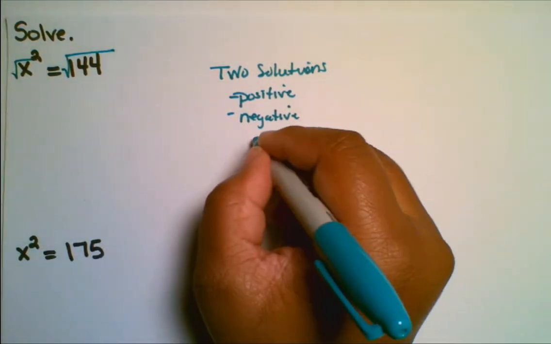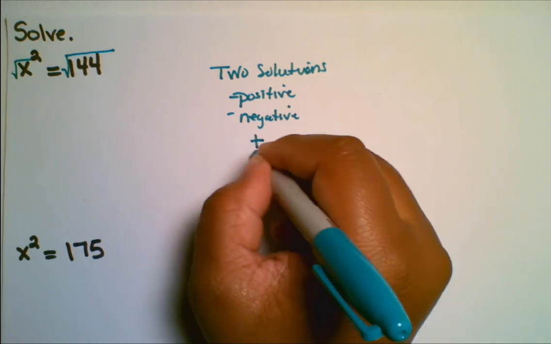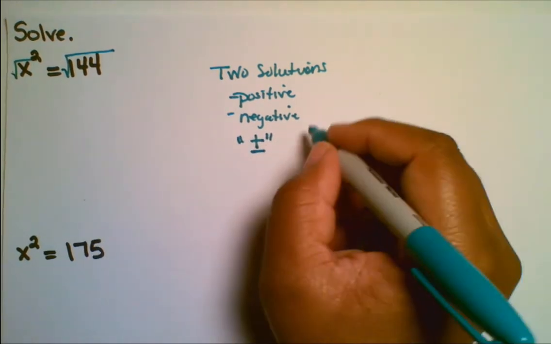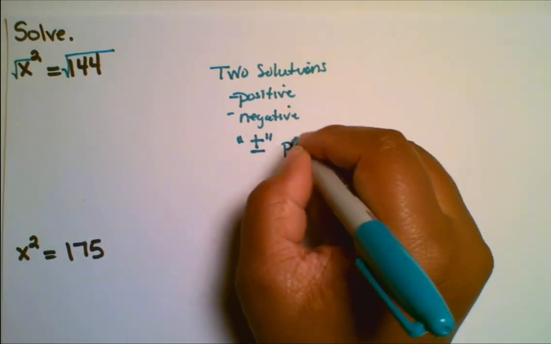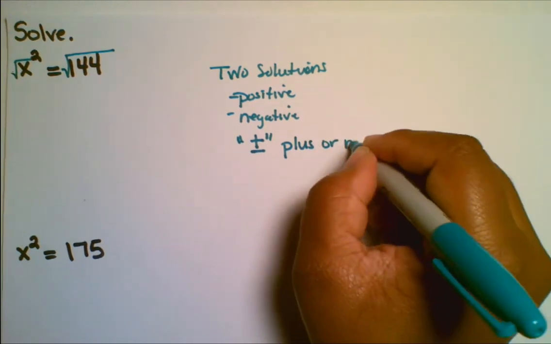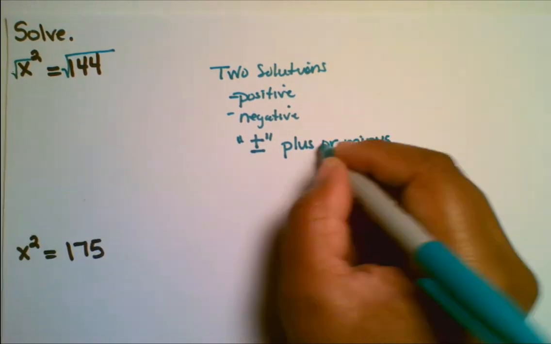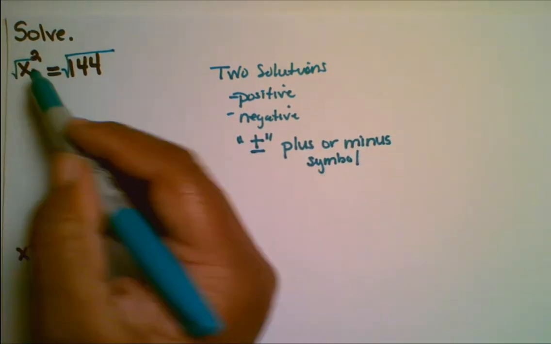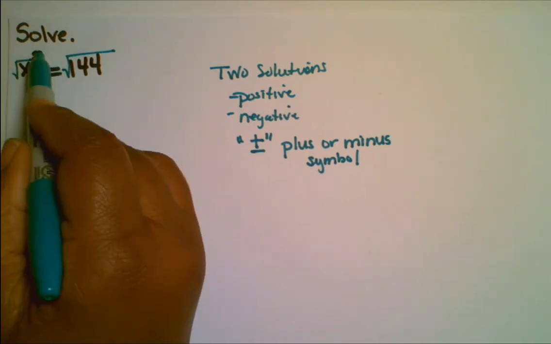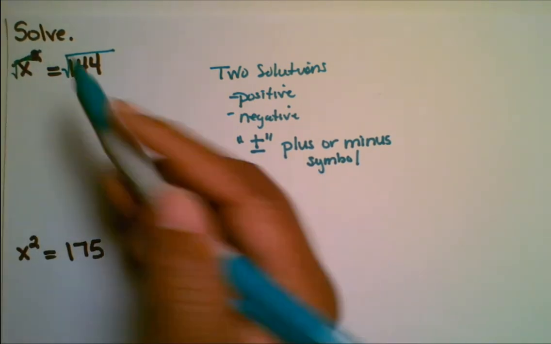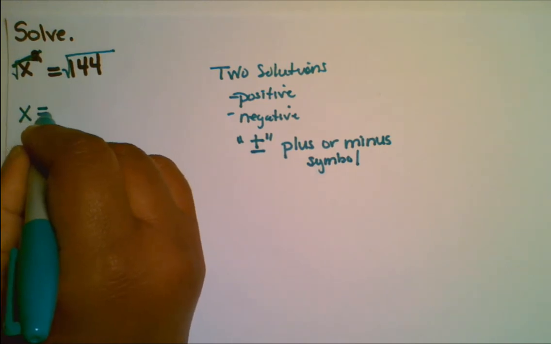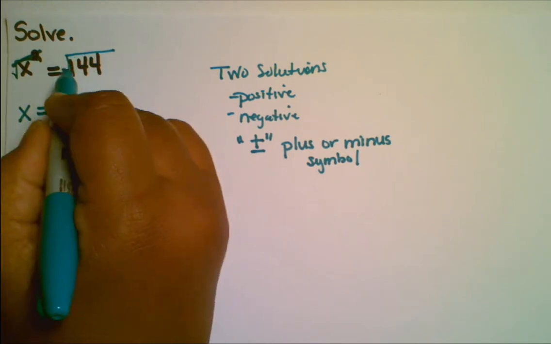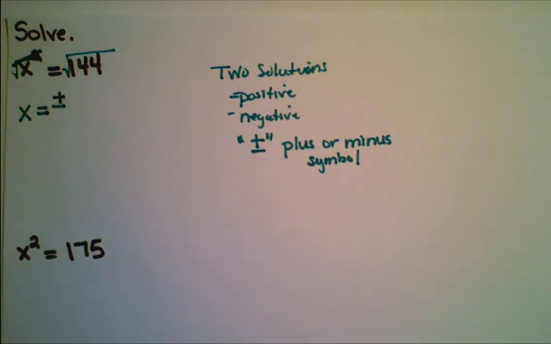You can use this symbol here, a plus and a minus together, where the minus sign is right under the plus. It's noted as plus or minus. That is a symbol. So as we take the square root of both sides, the exponent of 2 and the square root cancel out, and we have x is equal to, because we have 2 solutions, plus or minus, and then tell me what's the square root of 144.